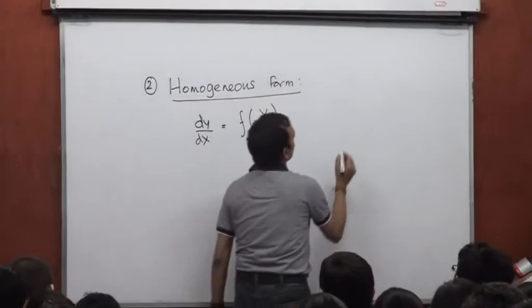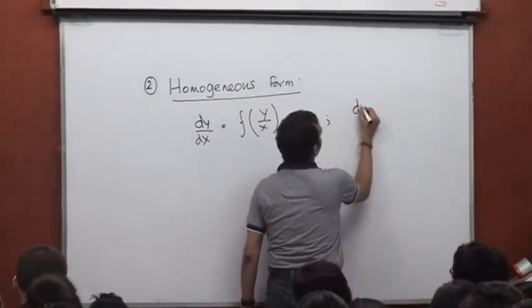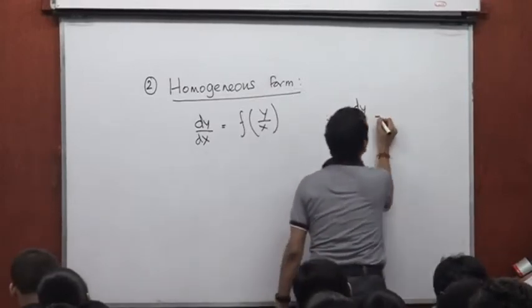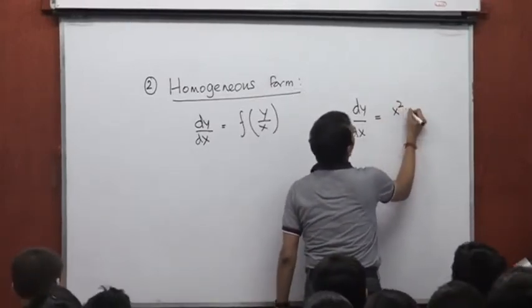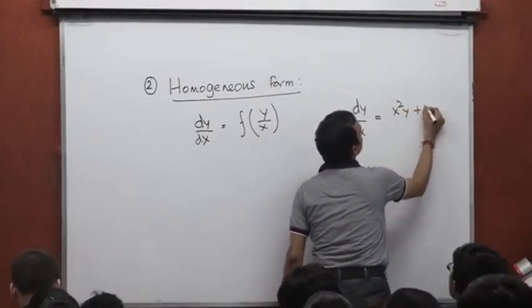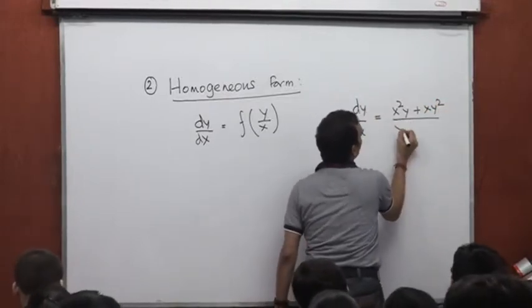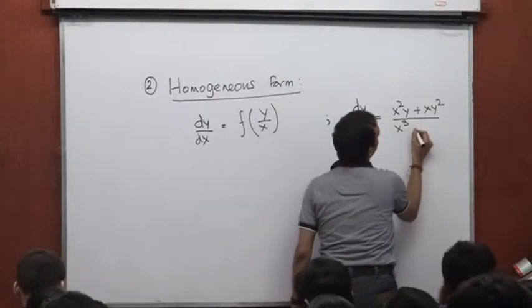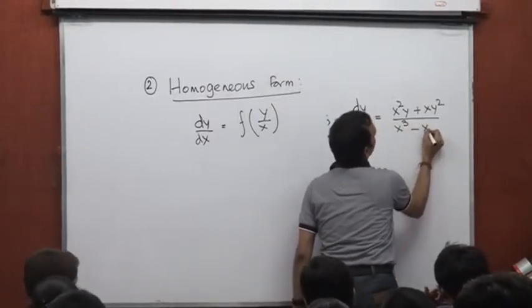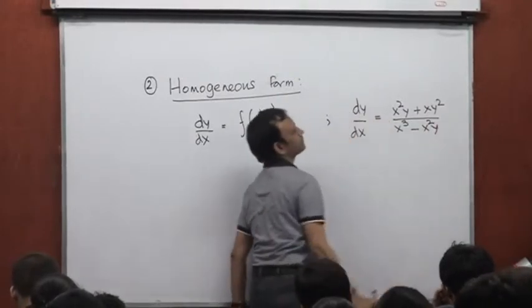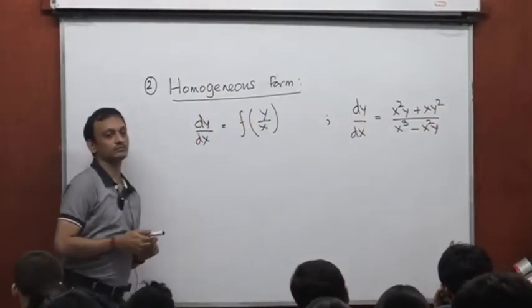Now, let me tell you, for example, dy/dx equals (x squared y plus x y squared) divided by (x cubed minus x squared y).